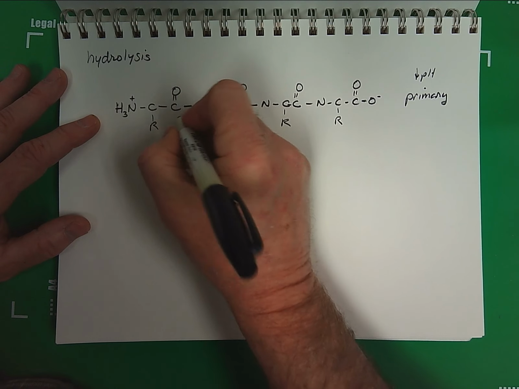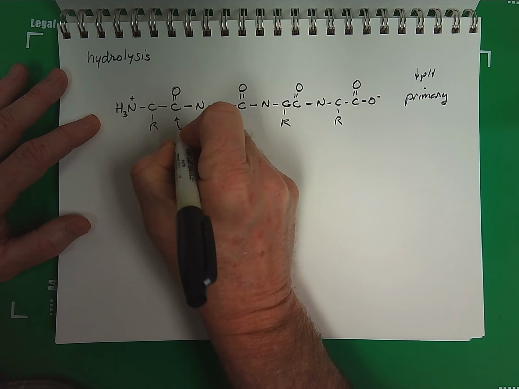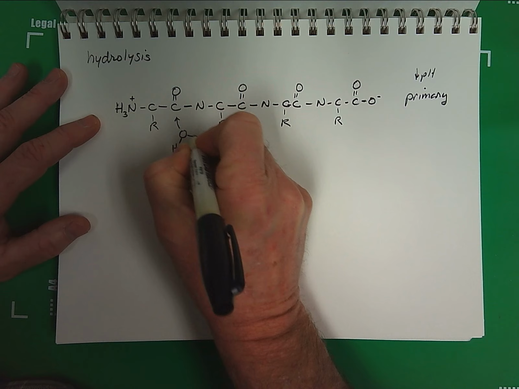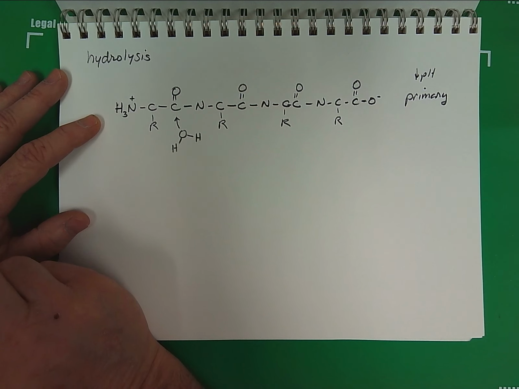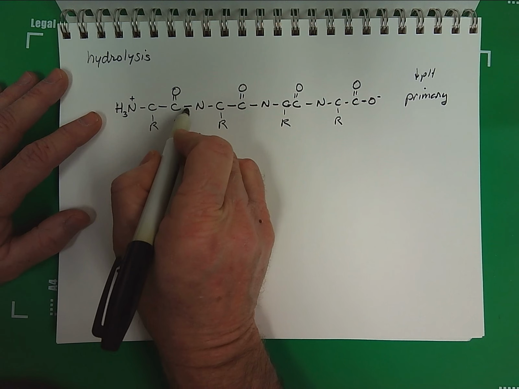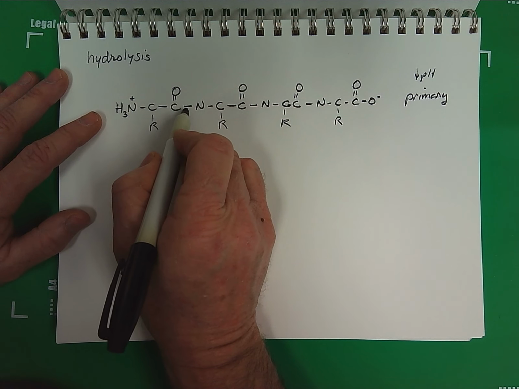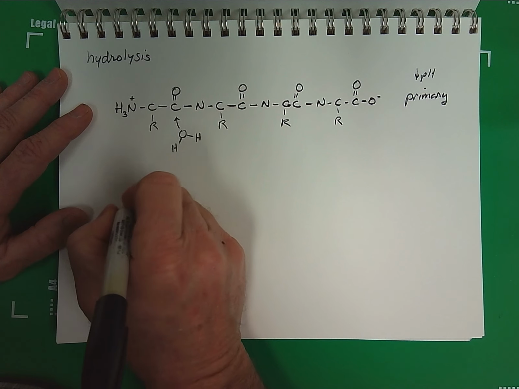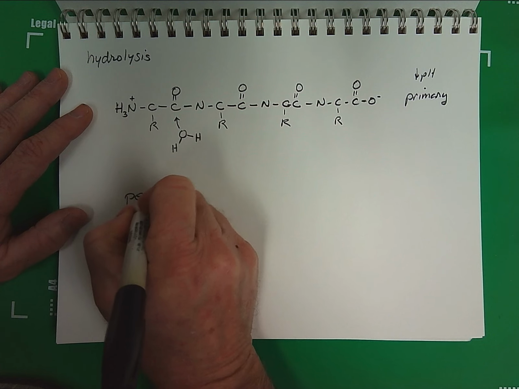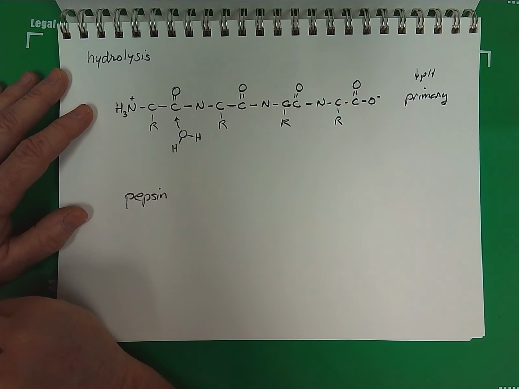What we want to do is we want to add water across this bond. The water will attack the carbonyl to disrupt the peptide bond. Now, of course, this is mediated by an enzyme. The enzyme in the stomach is called pepsin.